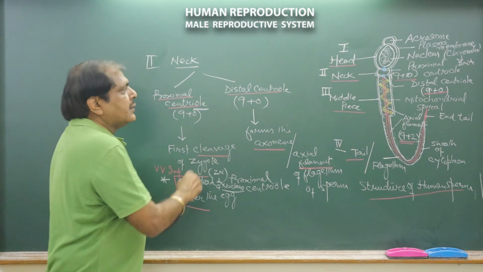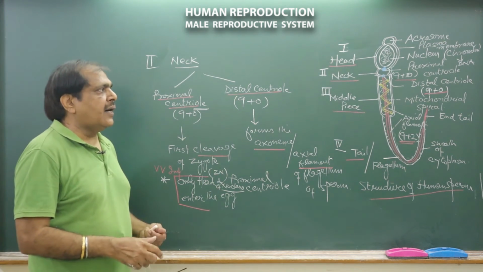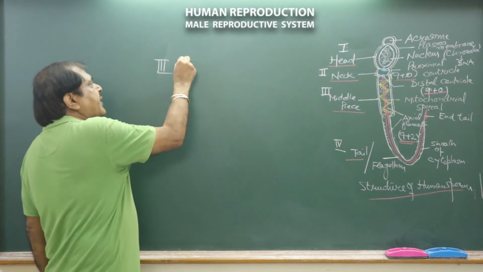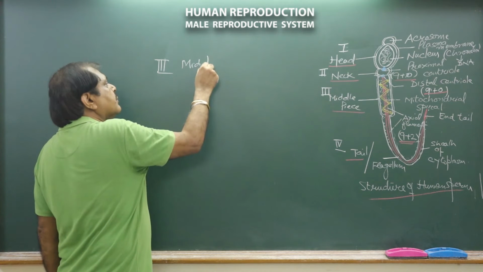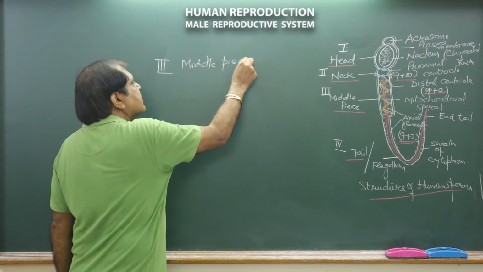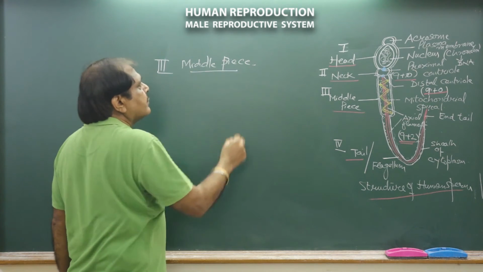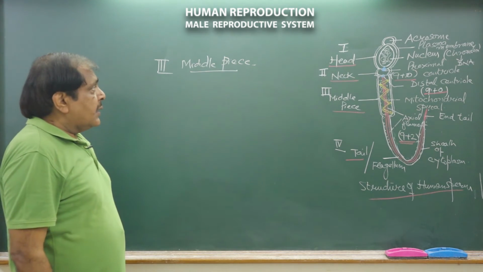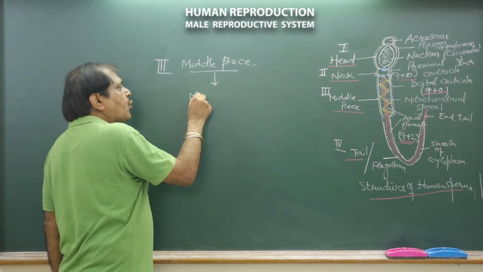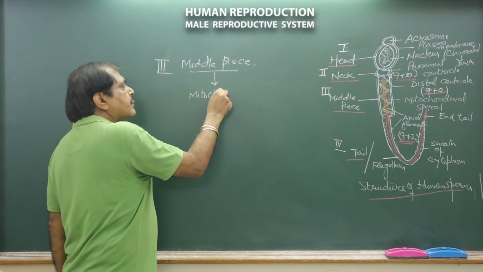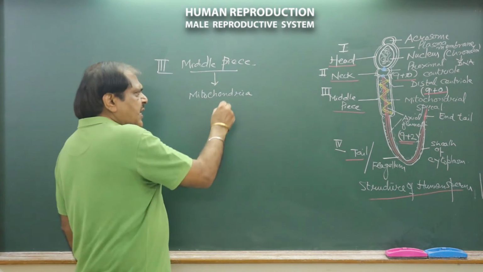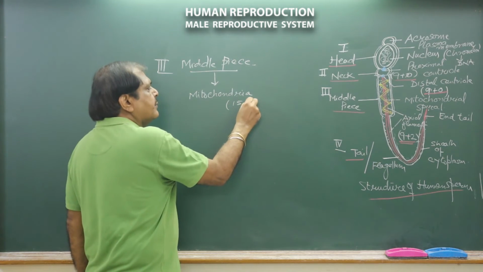Now we come to the third part, that is the middle piece. The middle piece contains mitochondria, around 15 to 20 in number.